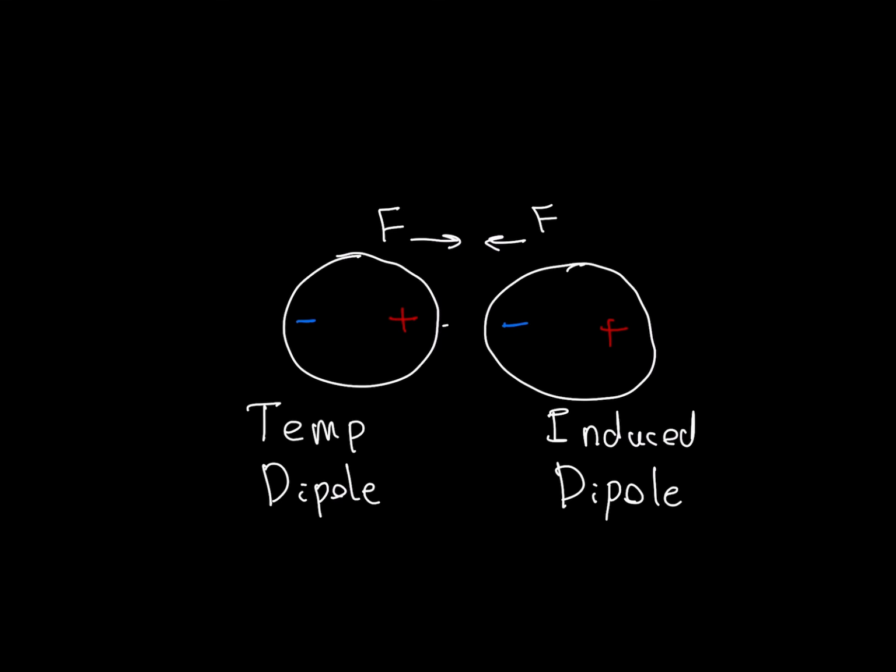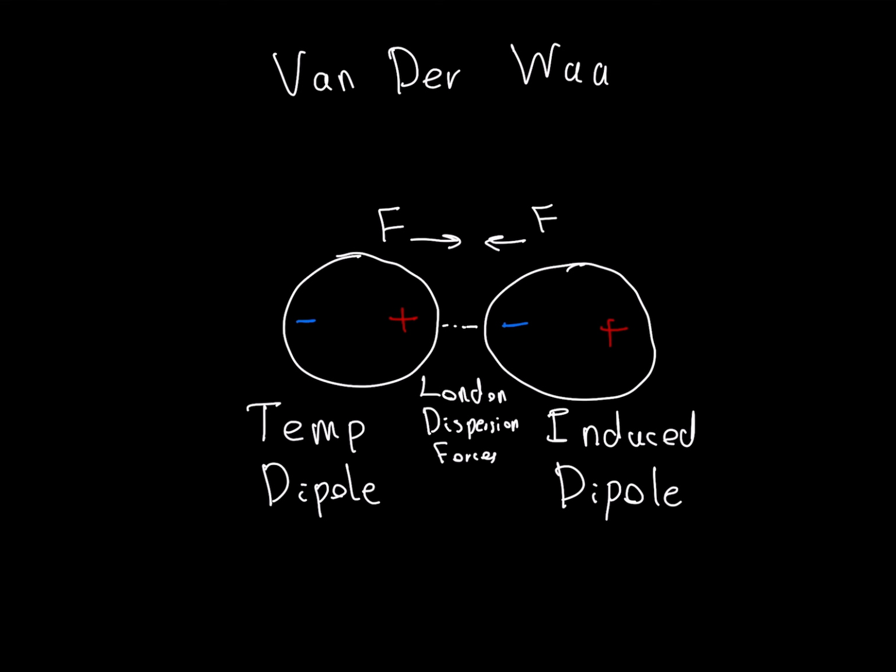And so the force that is created between the two atoms temporarily is called London dispersion forces. Sometimes they're also called van der Waals forces. They exist in all molecules, but they are the predominant force that exists in nonpolar molecules.